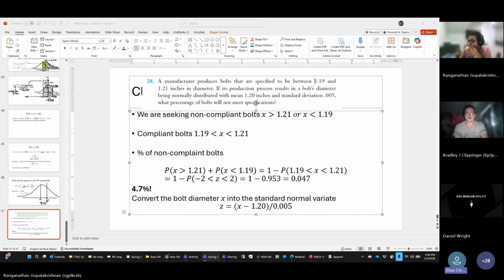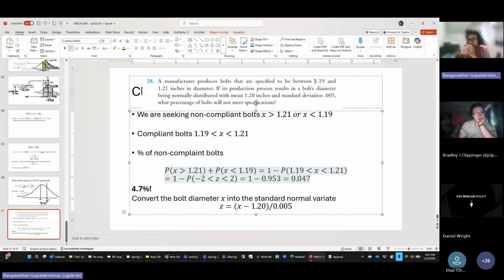For this solution, could you use the way we did it earlier and use F of 2 equals 0.5? Yeah, you can do that. You can do F of 2 minus 0.5 times 2.